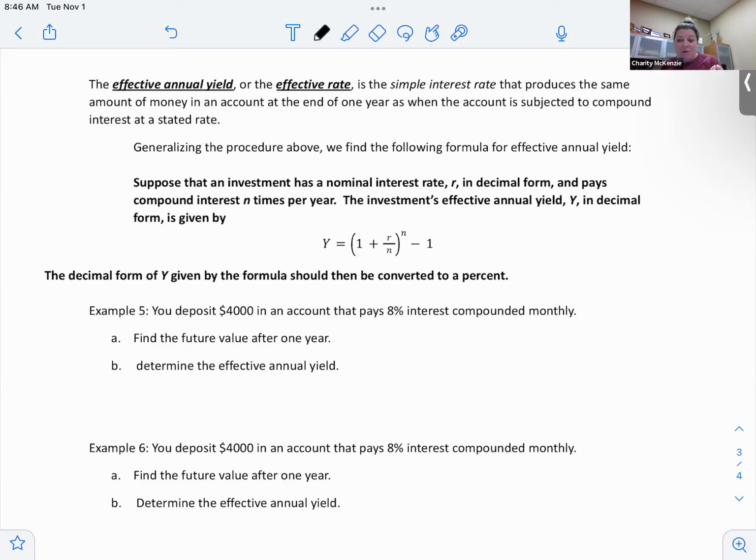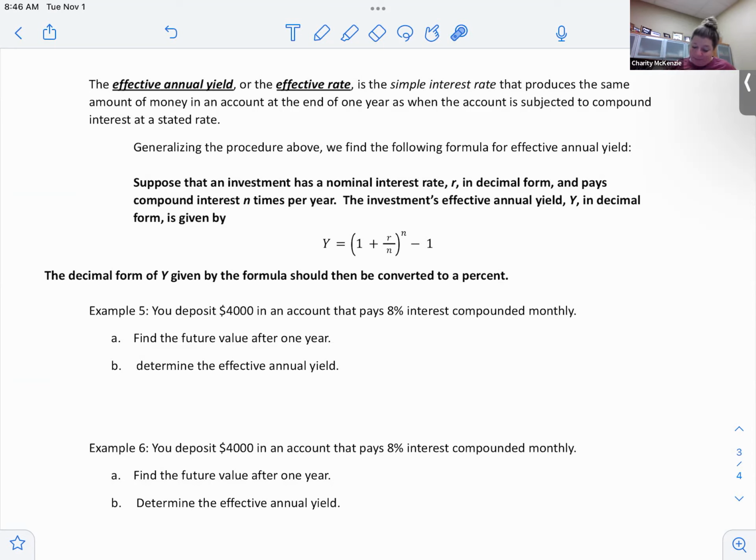It will tell you what percent you're actually getting if it was simple. Effective annual yield is the simple interest rate that produces the same amount of money. So it's a way to compare. It's going to bring everything to that simple.